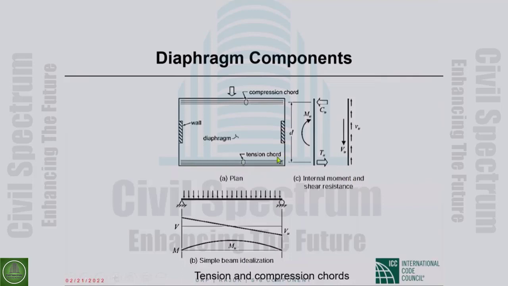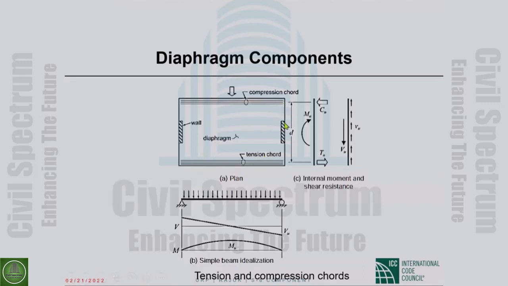And the structural element, or the part of the slab where we put this reinforcement, is a tension chord. There is a tension chord. There is a compression chord also on the other side. The thing is that the compression chord will be reinforced exactly the same way as the tension chord, because when the earthquake direction reverses, this will be the tension chord and that will be the compression chord. Okay?